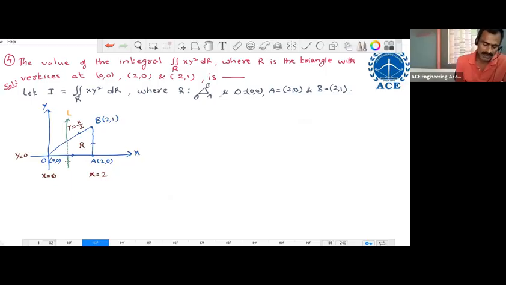When you draw the line parallel to the y-axis, the line enters the region through this curve and leaves the region through this curve. This is called the entering curve and this is the leaving curve.